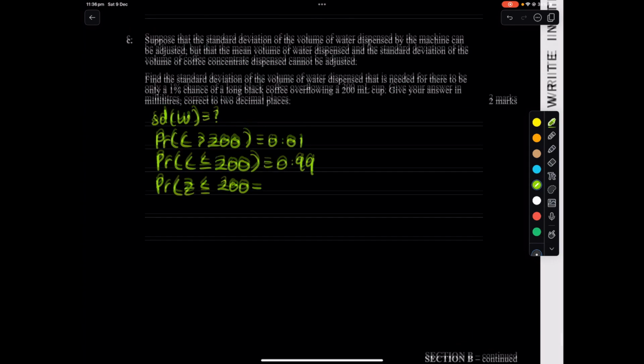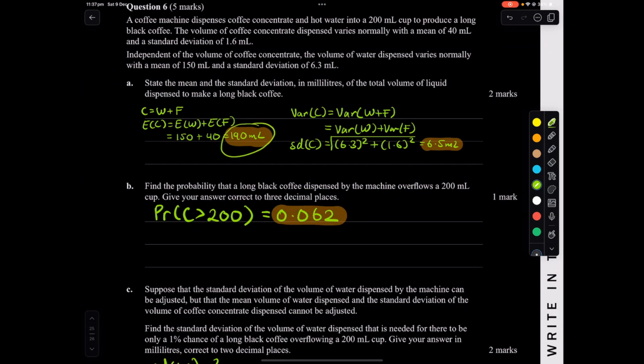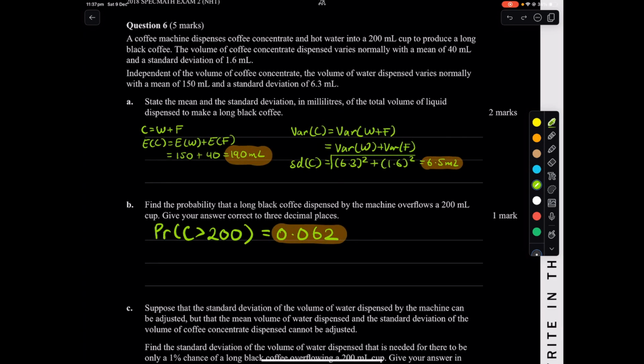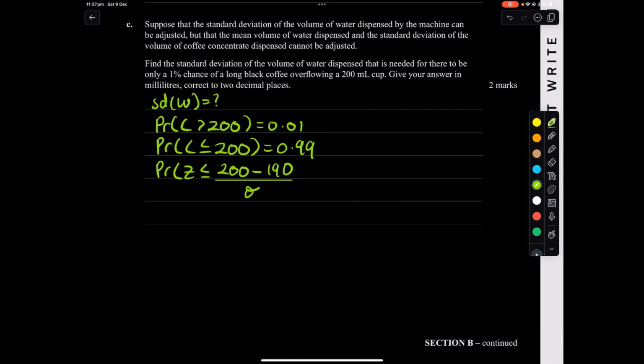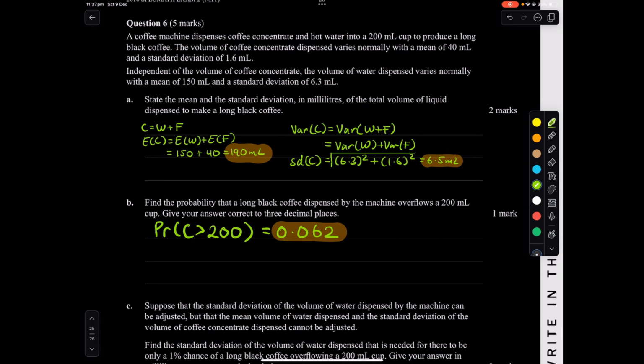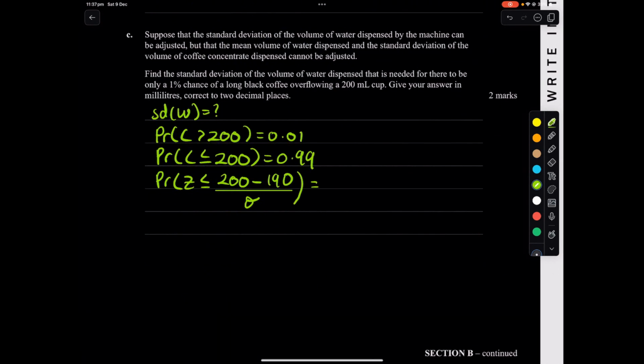Now, the mean's not going to change because they're only changing the standard deviation of the water dispensed, not the mean of the water dispensed. So the mean of C is still 150 plus 40, it's just 190. So 190 minus 190 all over some value of the standard deviation of C, which is not 6.5 anymore, and that is all equal to 0.99.